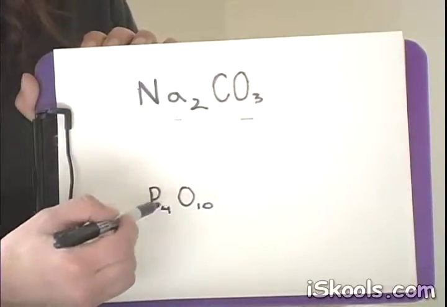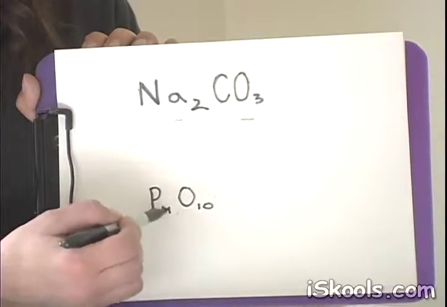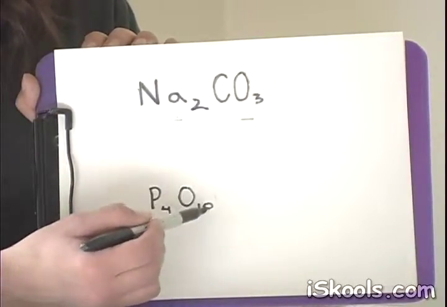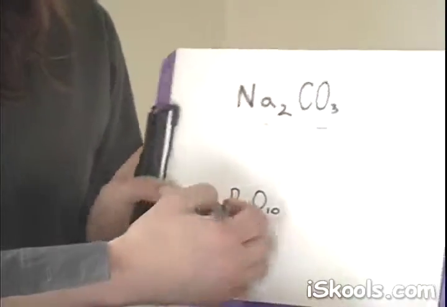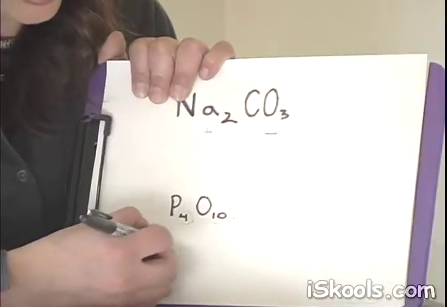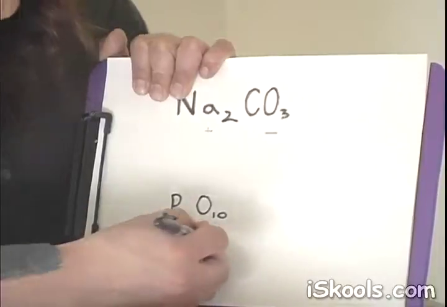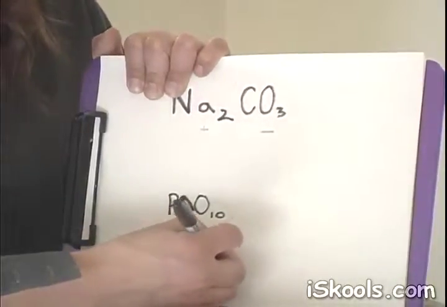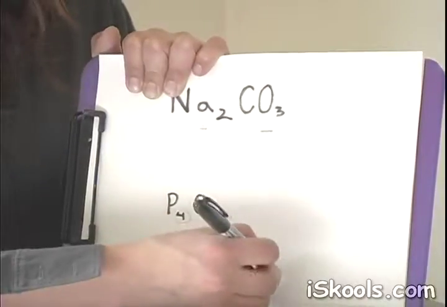The prefixes for this one would be tetra for the 4 here, and then deca here. So the name for this compound would be tetraphosphorus, and then decoxide. I'll write the deca.